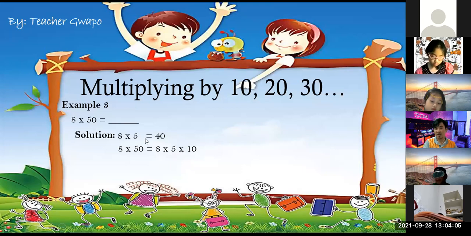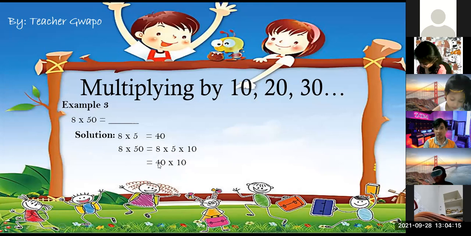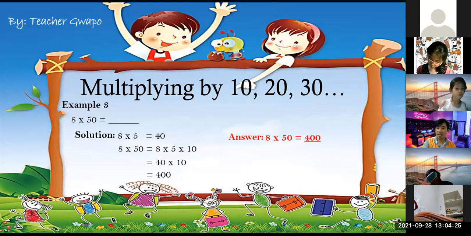So 8 times 5 is 40. You put it here, and then we multiply 40 by 10. So 40 times 10 is equal to 400. So here, the answer, 8 times 50 is equal to 400.